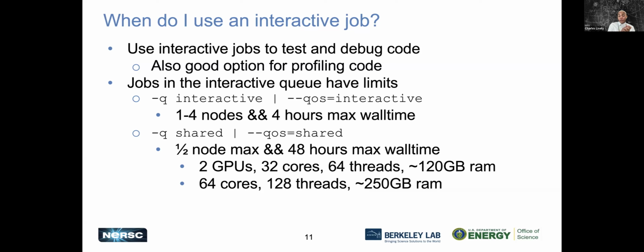And you can denote whether you're going to use it as a shared resource. If it's shared, then there are different constraints. You're going to have half of the node max that you can use and 48 hours max wall clock time. So these are some of the different constraints to consider when using an interactive job.